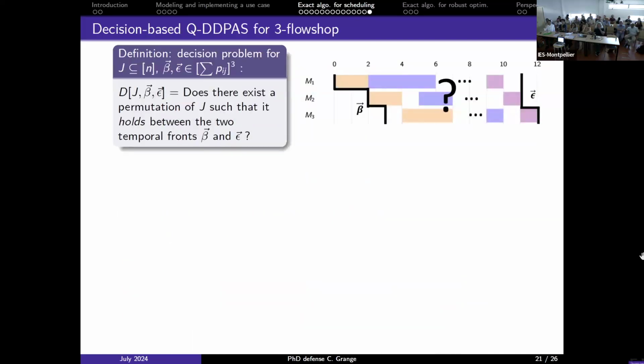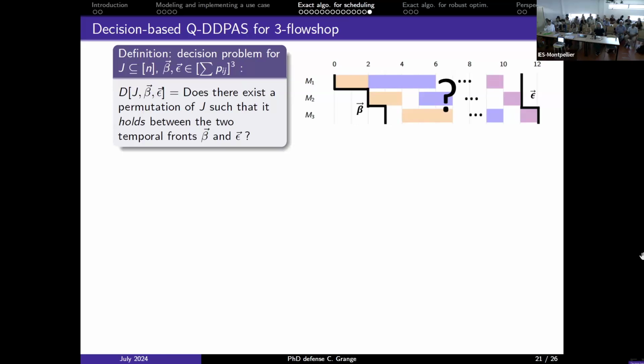Okay, so the question is on which problem will we apply our recurrence? Well, for that, we have to define a decision problem associated with our initial problem. So it is defined as follows.